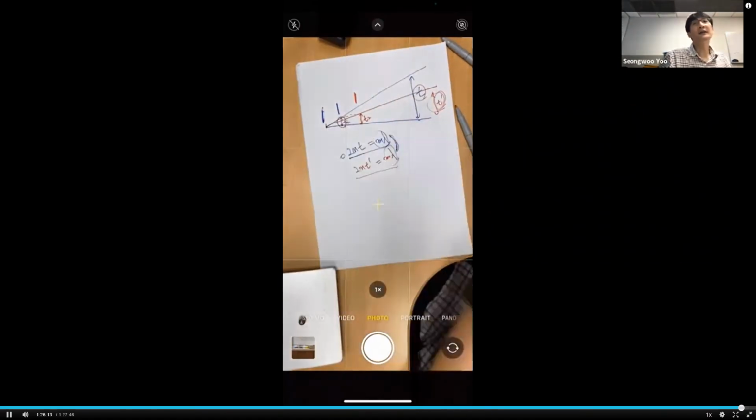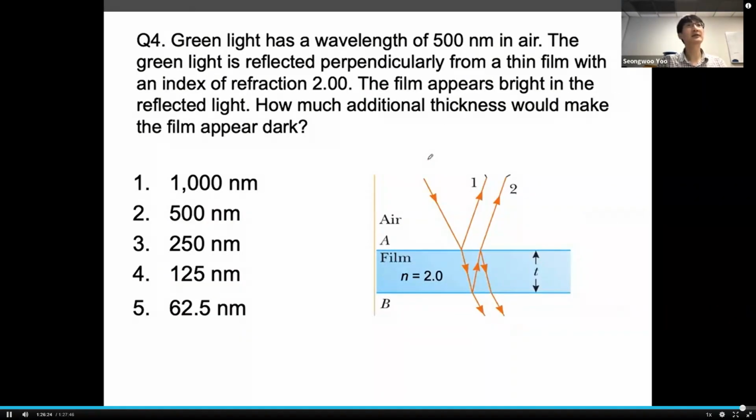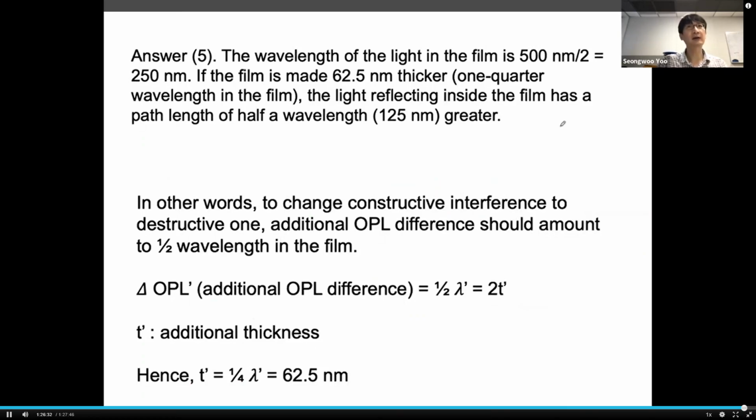Now I will go back to the lecture notes to show you the answers. Question number 4: we just concluded that the additional thickness must be 62.5 nanometers, and these are the workings. The additional thickness must be a quarter of the wavelength inside the film.